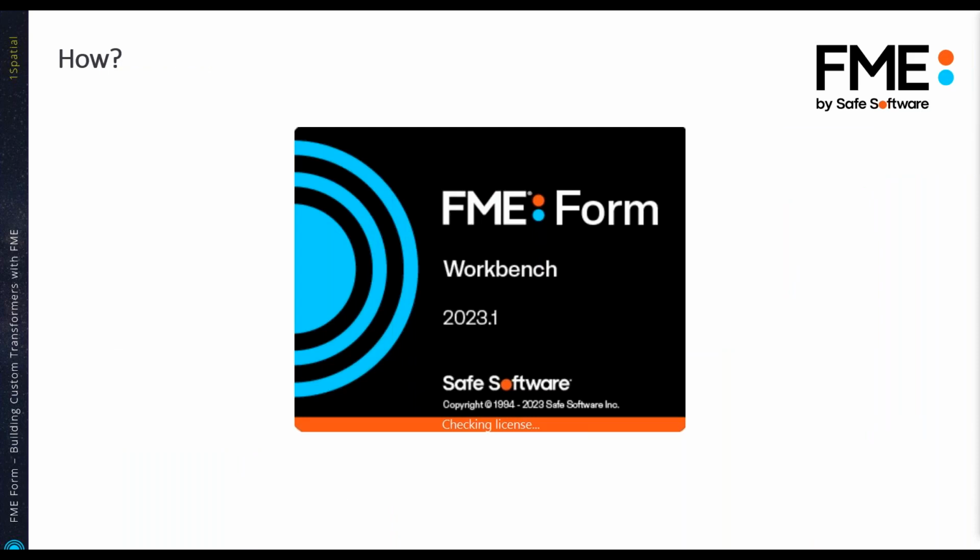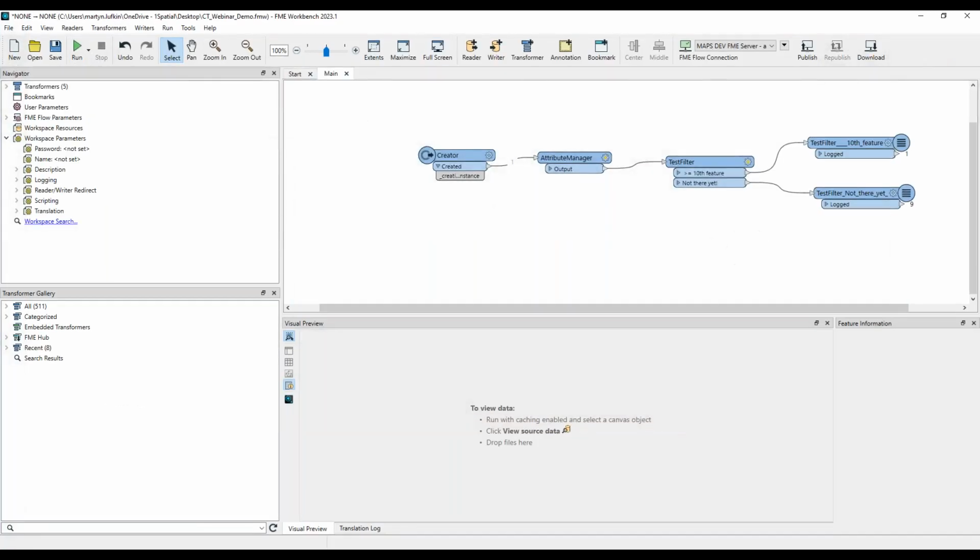Creating a new custom transformer can be done through the transformer menu list, so up here at the top, Transformers, Create Custom Transformer, or by using Control-T if you like your shortcuts, or by right-clicking anywhere on the canvas and using the Create Custom Transformer option.